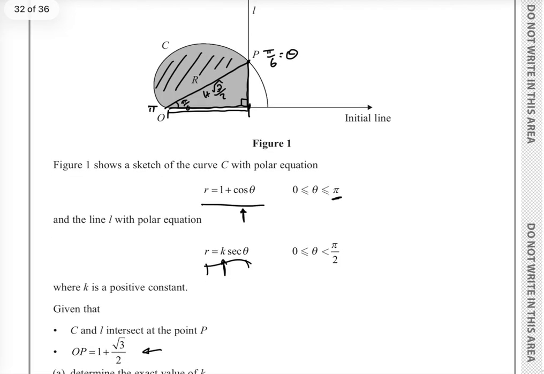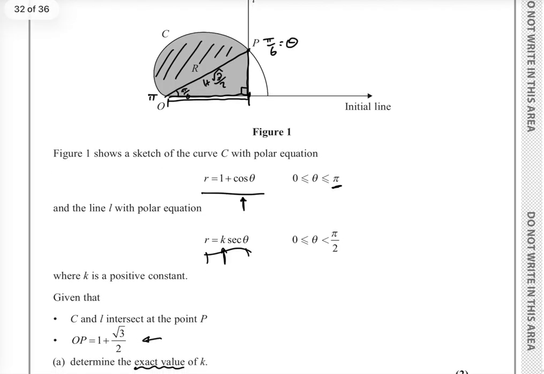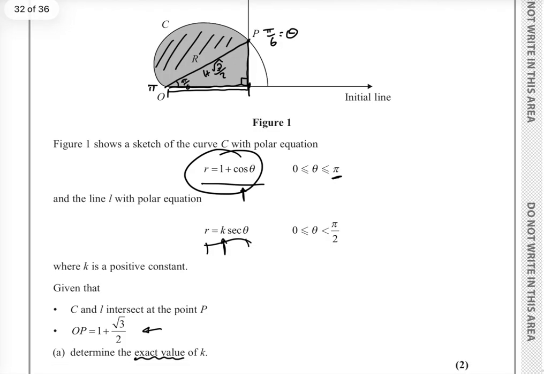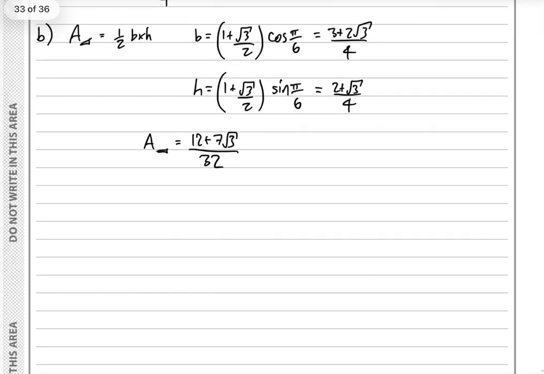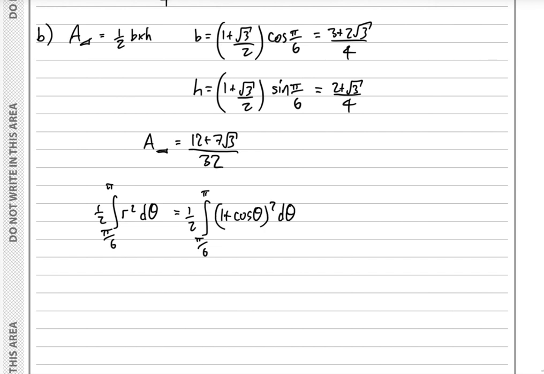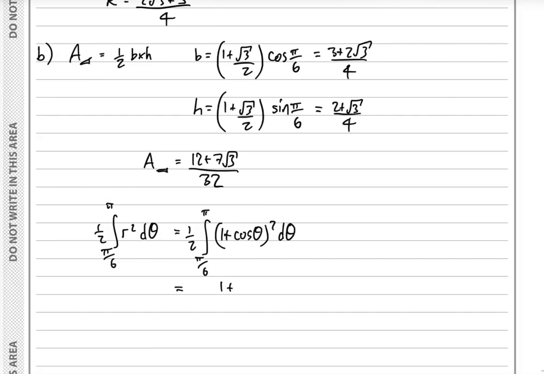Now we're going from pi by 6 to pi using the curve in our usual half r squared d theta integral. So we're going from pi by 6 to pi of a half r squared d theta, where r is 1 plus cos theta, and that gives us 1 plus 2 cos theta plus cos squared theta.